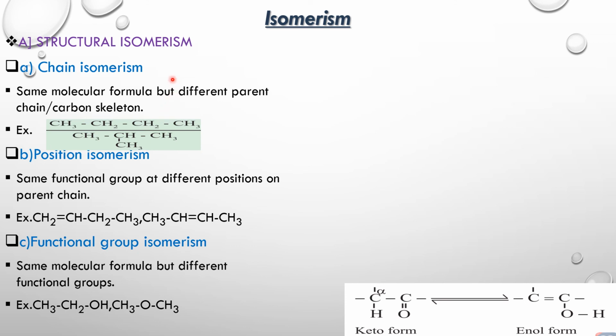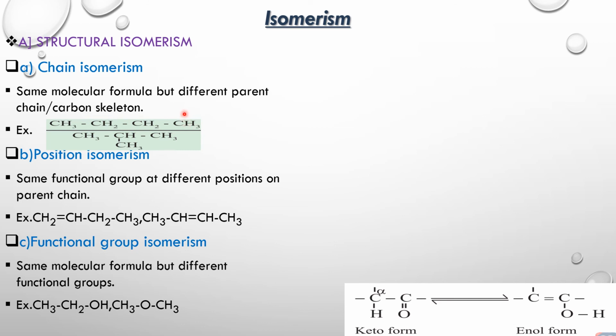That means the arrangement of the carbon atoms in the parent chain is different. For example, CH3CH2CH2CH3. It is butane. In the common system, it is called n-butane.